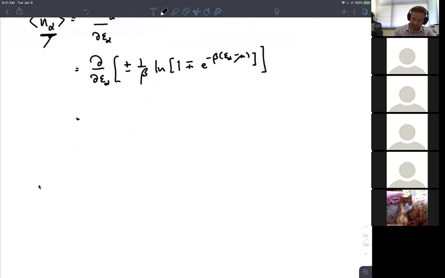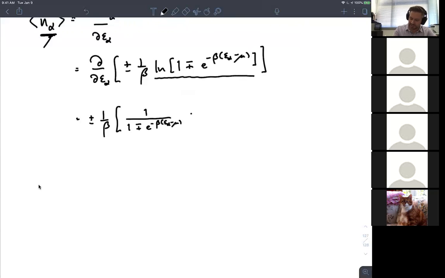When you take the derivative, you get plus minus 1 over beta. The first thing is this logarithm, so you get 1 over the argument of the logarithm: 1 minus plus e to the minus beta epsilon alpha minus mu, 1 over that. That's just the derivative of the logarithm.